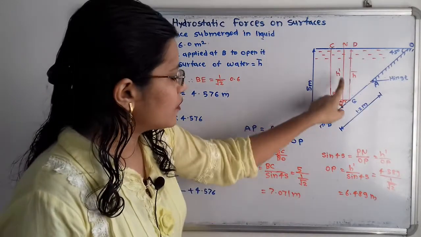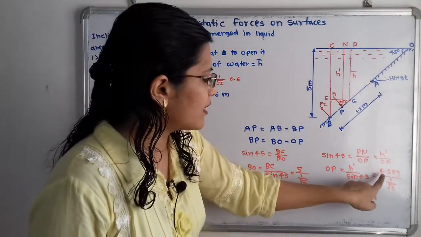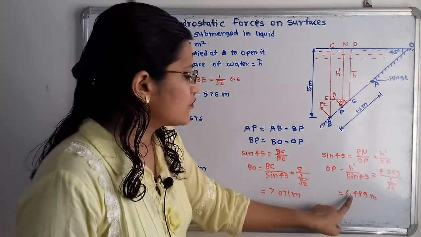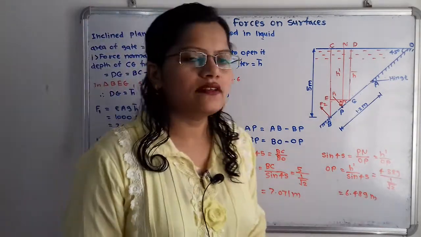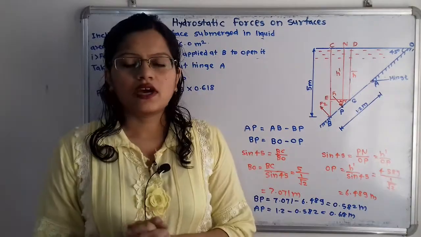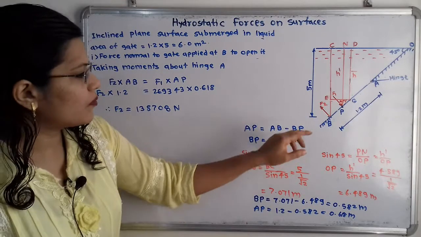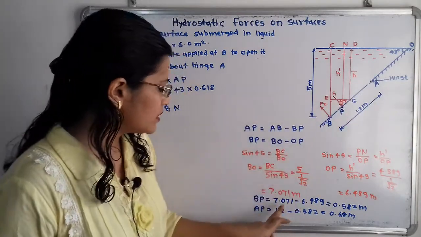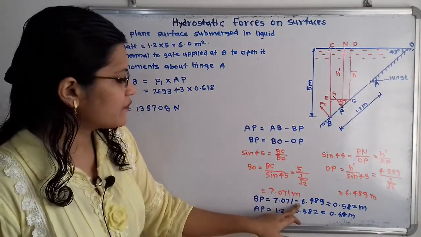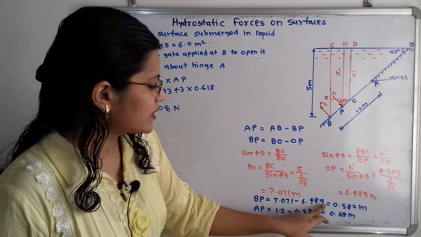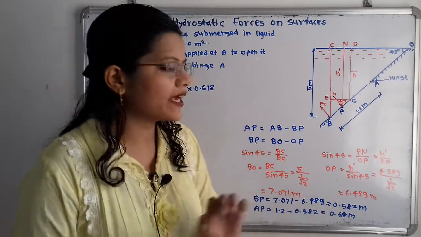So OP is equal to H dash by sine of 45, that is equal to 4.589 by 1 by root 2, which is equal to 6.489 meter. Now we can calculate the distance BP, that is equal to BO minus OP. So BO is 7.071 minus OP, that is 6.489, which is equal to 0.582.